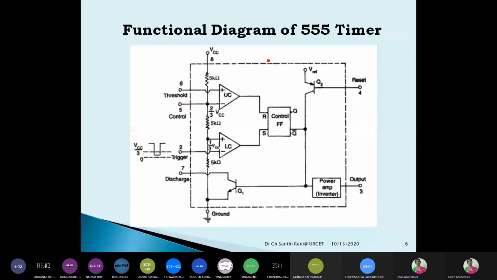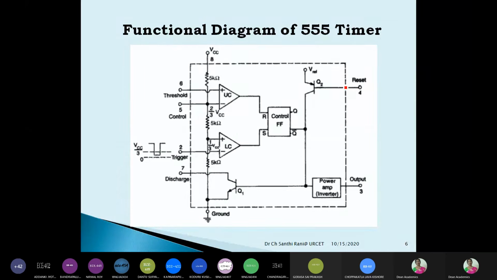Why I am making you draw this diagram is, unless you understand this functional diagram, you cannot follow the next explanation, that means the next circuit applications. For example, this is the functional diagram of the 555 timer. Like a doctor: if you go to a doctor, he knows where your heart is, where your lungs are, where your kidneys are. They just see your pulse by touching your hand, but of course the pulse runs throughout our body; only near the hand they observe.